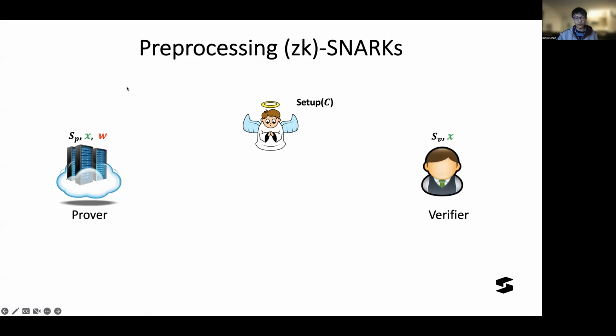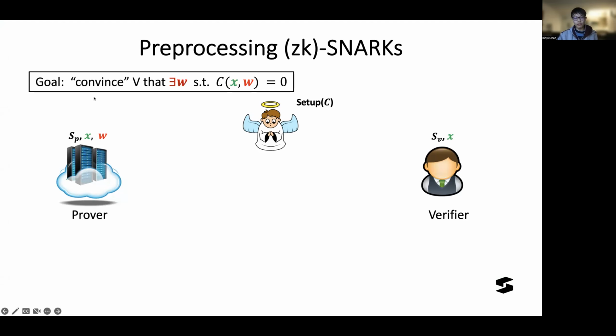Before diving into the details and stating our results, let me really quickly go through the notions of SNARKs and their building blocks. Our main goal is building preprocessing SNARKs, which is basically a scheme that enables the prover to convince the verifier that he knows a valid witness to certain public circuits. The goal is to have small communication and a small verification cost.